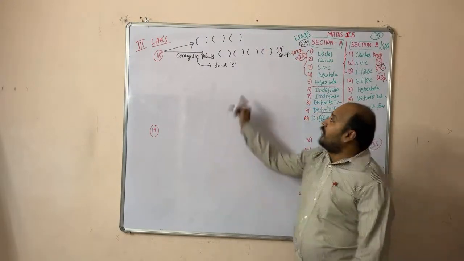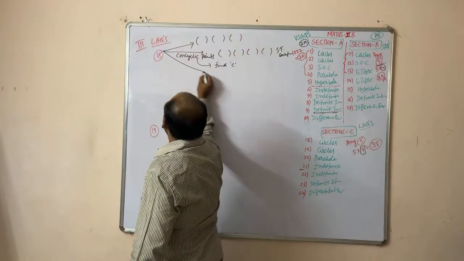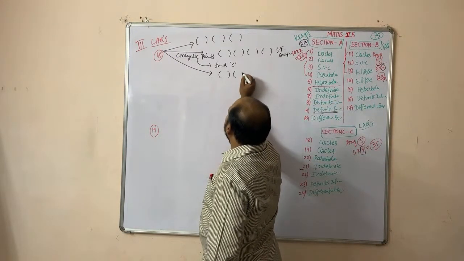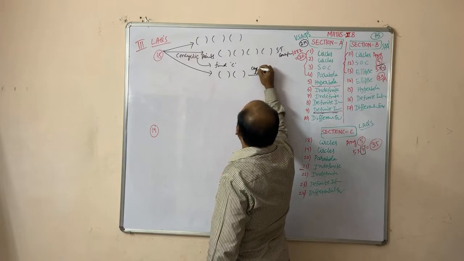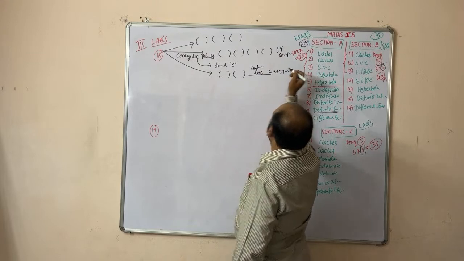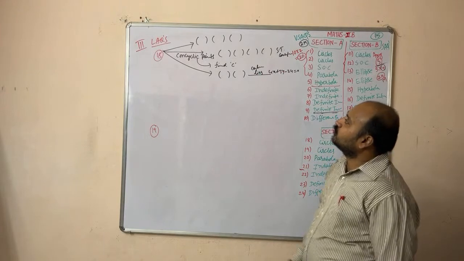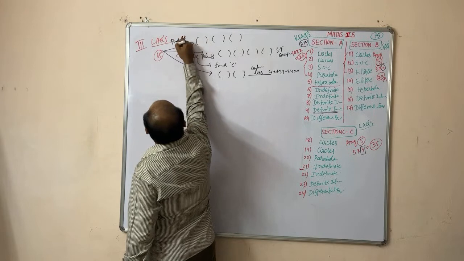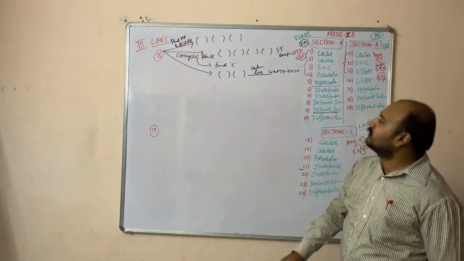Here find C question also. Next, find the equation of circle passing through 2 points, center lies on 4x plus 3y minus 24 equal to 0. That type of question. Find the equation of circle passing through these 3 points.